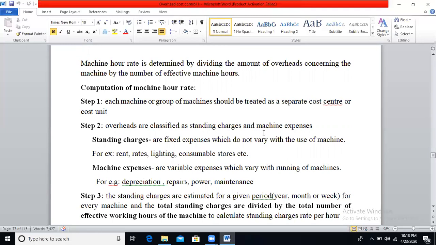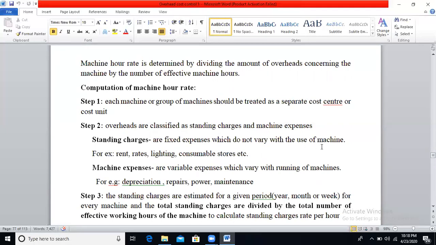What do you mean by standing charges? Standing charges means fixed charges. Whether the machine will operate or will not operate, these expenses the company should bear. So standing charges are the fixed expenses which do not vary with the use of machine.